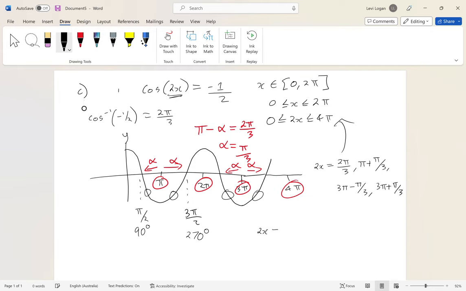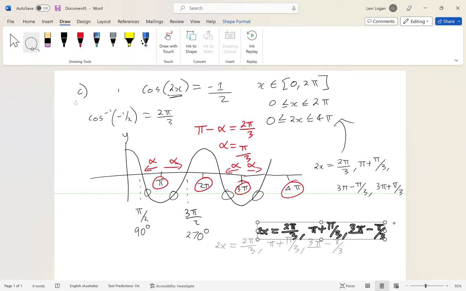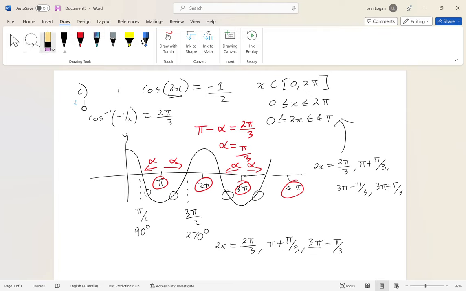So 2x is equal to 2 pi over 3, pi plus pi over 3, 3 pi minus pi over 3, and 3 pi plus pi over 3. I've run out of room again. Sorry guys.